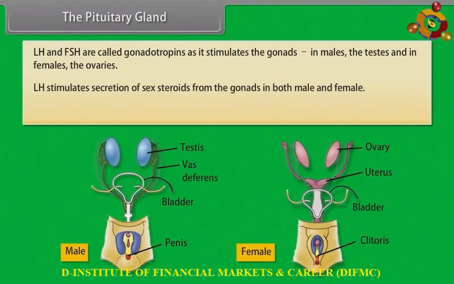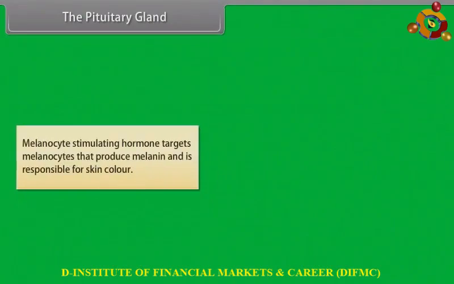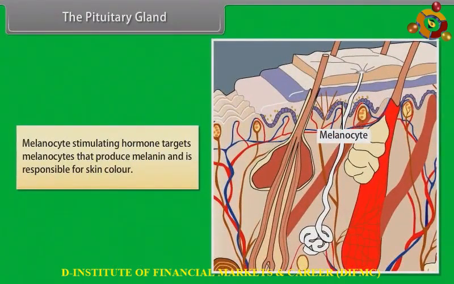LH stimulates secretion of sex steroids from the gonads in both male and female. FSH stimulates the maturation of ovarian follicles, and it is also critical for production of sperm. Melanocyte-stimulating hormone targets melanocytes that produces melanin and is responsible for skin color.